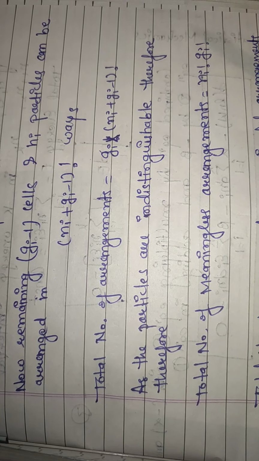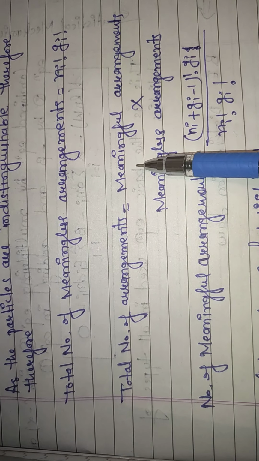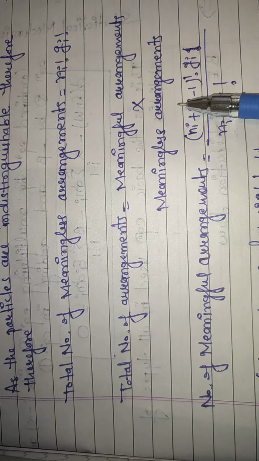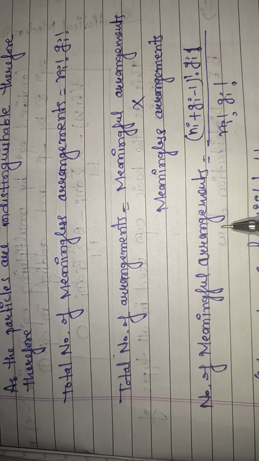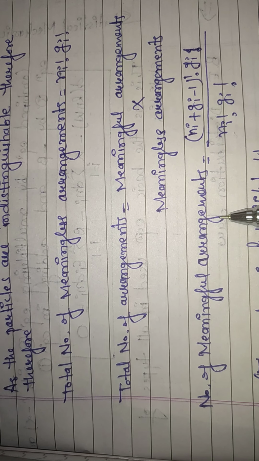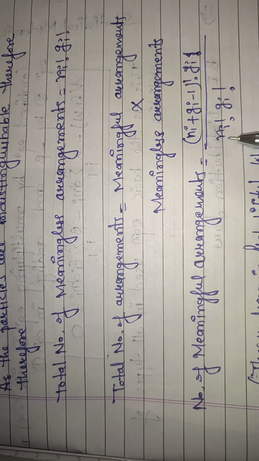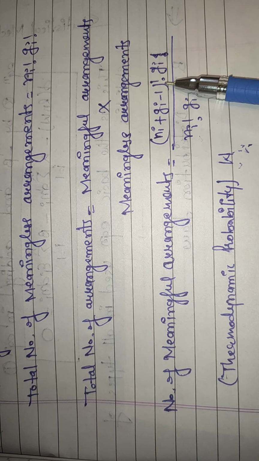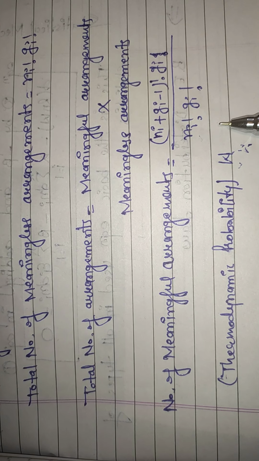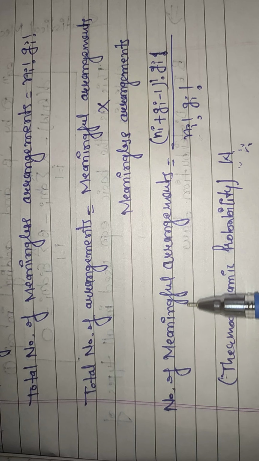We also know that total number of arrangements is meaningful arrangements into meaningless arrangements. So the number of meaningful arrangements will be the total number of arrangements divided by meaningless arrangements. We have total arrangements ni plus gi minus 1 factorial into gi, and the meaningless arrangements are ni factorial into gi factorial. This is the number of meaningful arrangements.